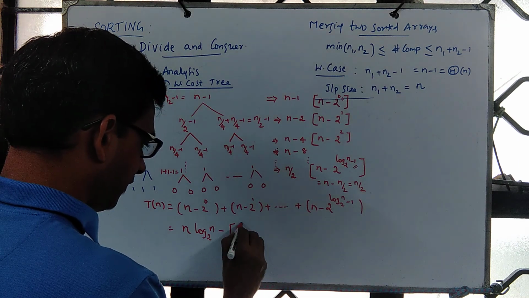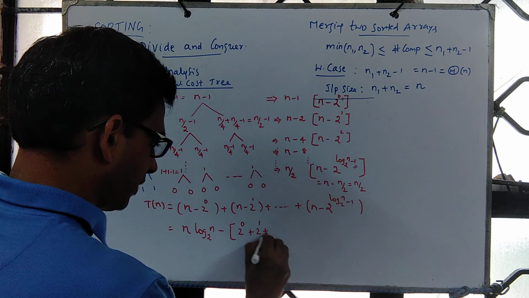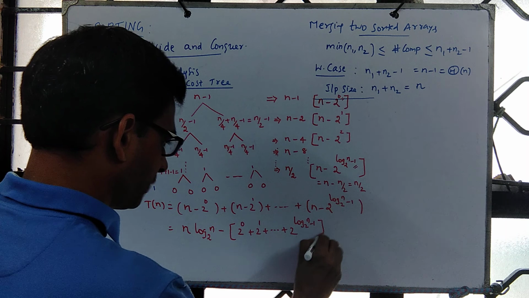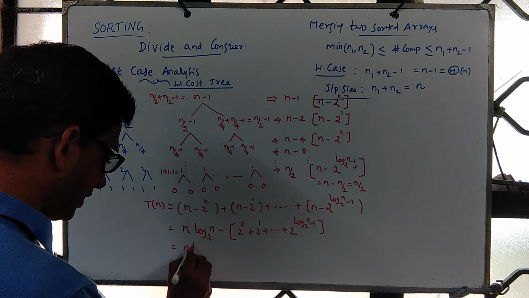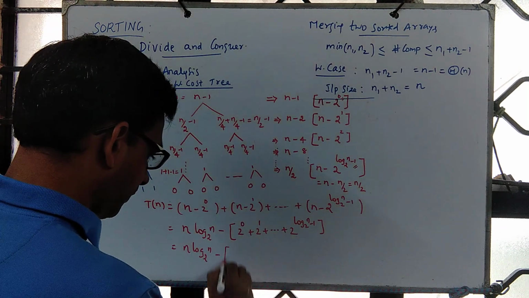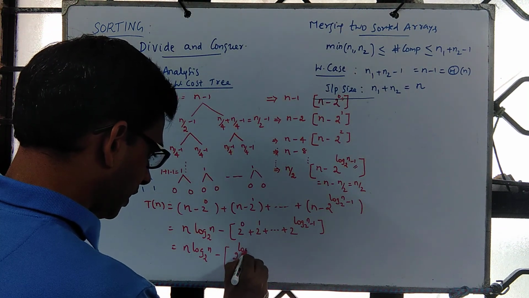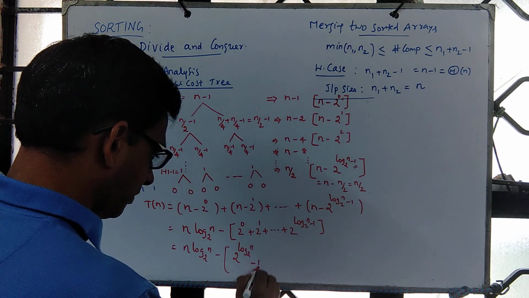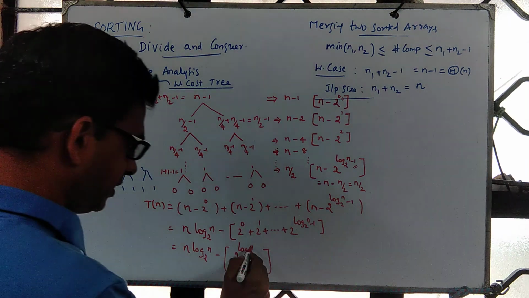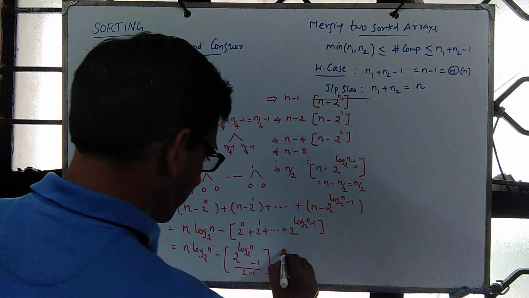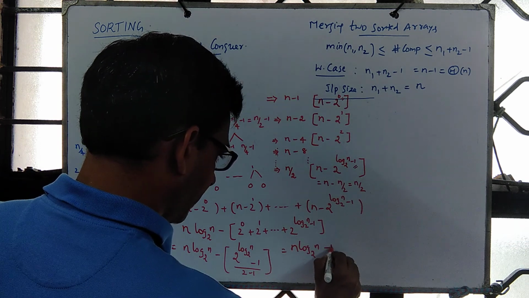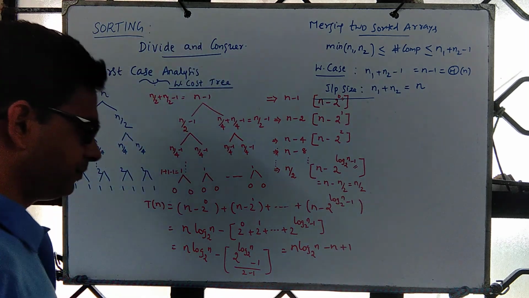Minus, we have 2 power 0 plus 2 power 1, so on up to 2 power log n base 2 minus 1. This is precisely n log n base 2 minus, what is this value? This value is 2 power log n base 2 minus 1 divided by 2 minus 1. And this is n minus 1, which means it is n log n base 2 minus n plus 1.